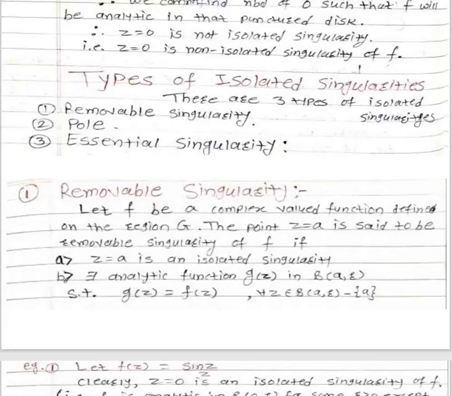Let f be a complex valued function defined on the region G. The point z equal to a is said to be a removable singularity of f if, first, z equal to a is an isolated singularity. Second, there exists a function g of z in an open circle with center a and radius r, such that g of z equal to f of z for all z belonging to the open circle center a radius r minus the singleton a.